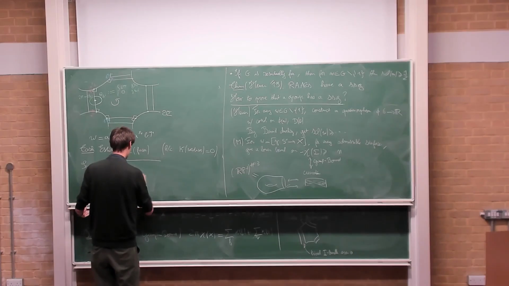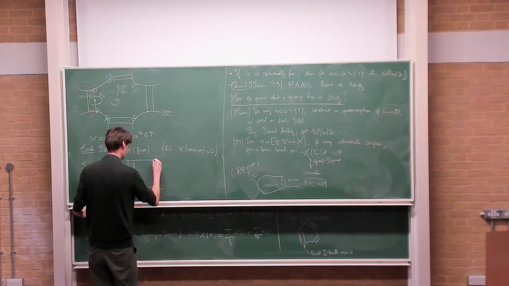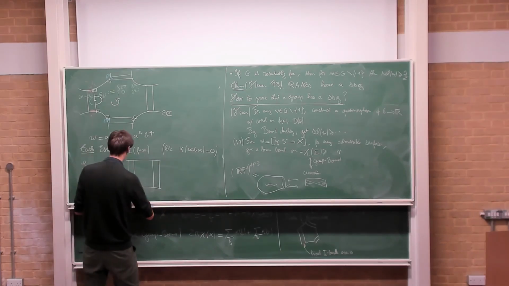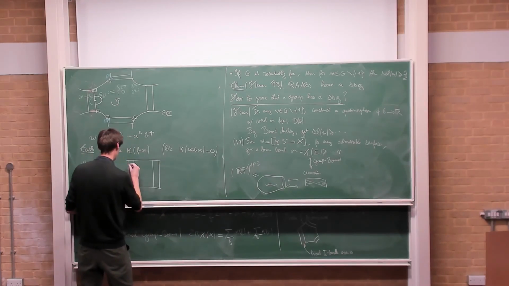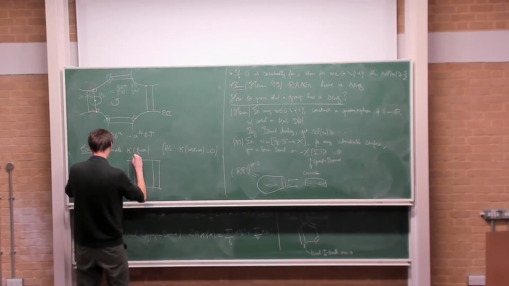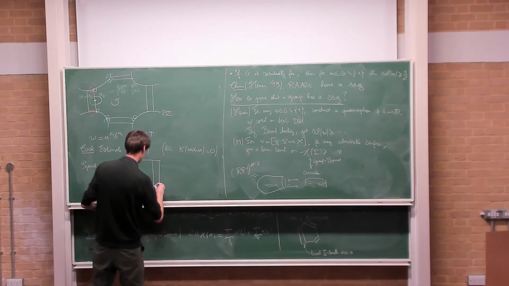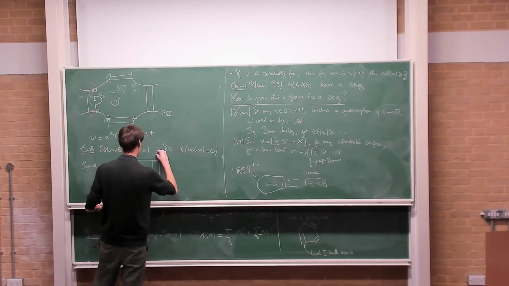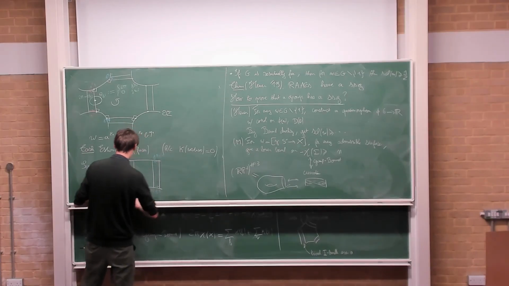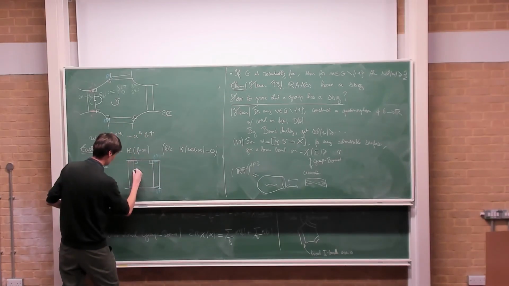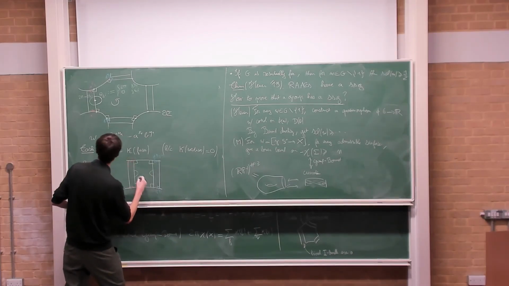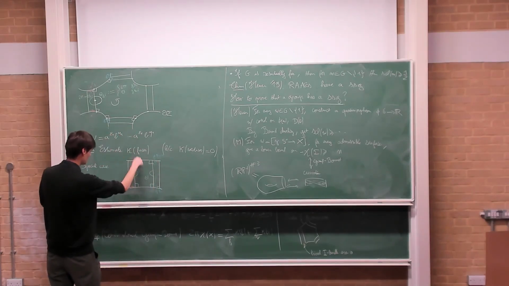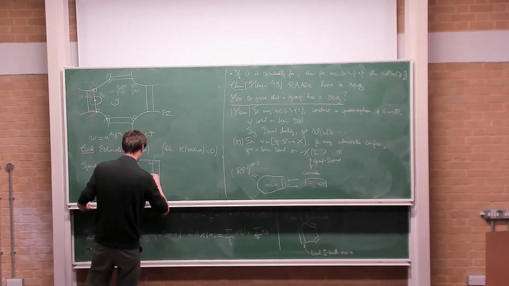if my face looks like this. I'm just keeping here a to the epsilon i, a to the epsilon j, b to the eta i, and this is b to the eta j minus 1. And now my angles are like this: this is theta ji, and this goes ij minus 1.